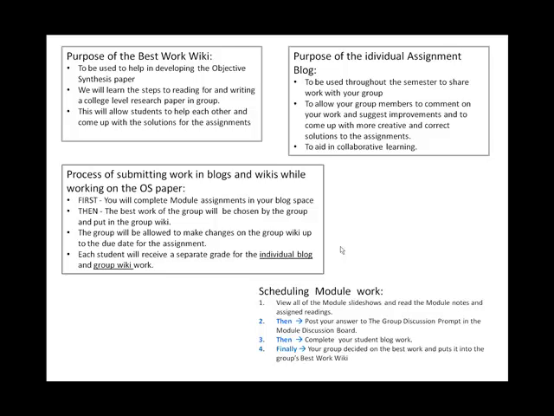Then you want to go ahead and take a look at the assignment for that module that you're working on, complete the assignment and post it to your blog. Then you need to look at the work that all of the people in your group have done, decide which is the best work of all of the people in your group, and then post that work into the group's Best Work Wiki. When you've done those 4 things, then you've completed the work for the module and you go on to the next module.